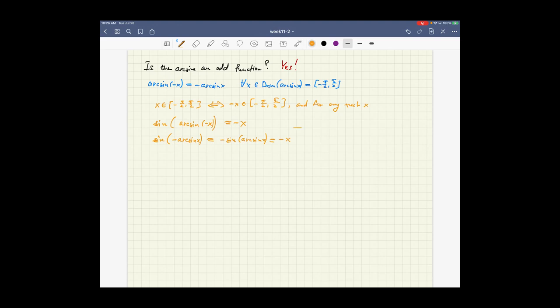So we have from here that arcsine of negative x and negative arcsine x are two numbers in the interval negative pi over 2, pi over 2 whose sines are equal.